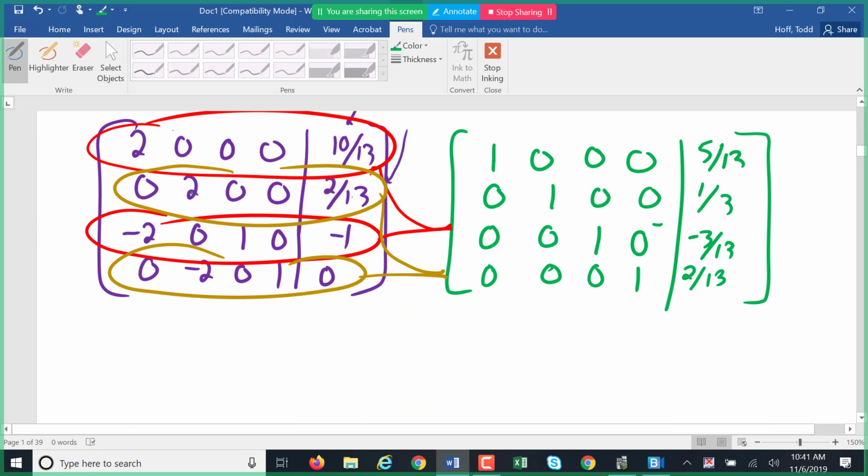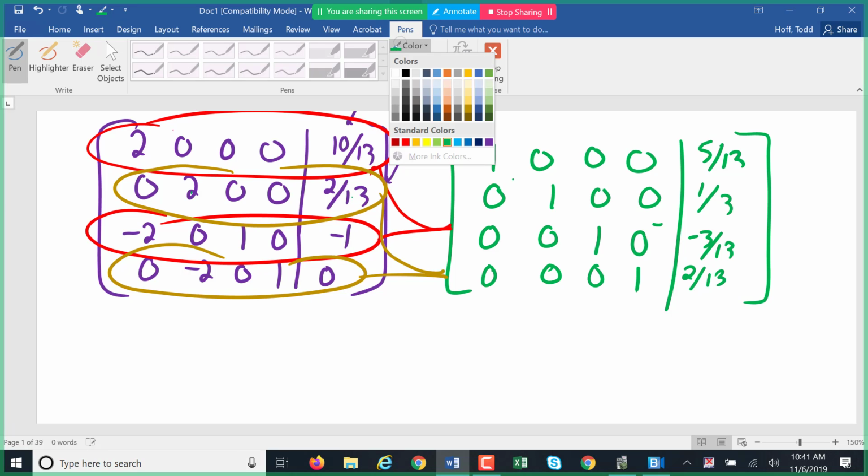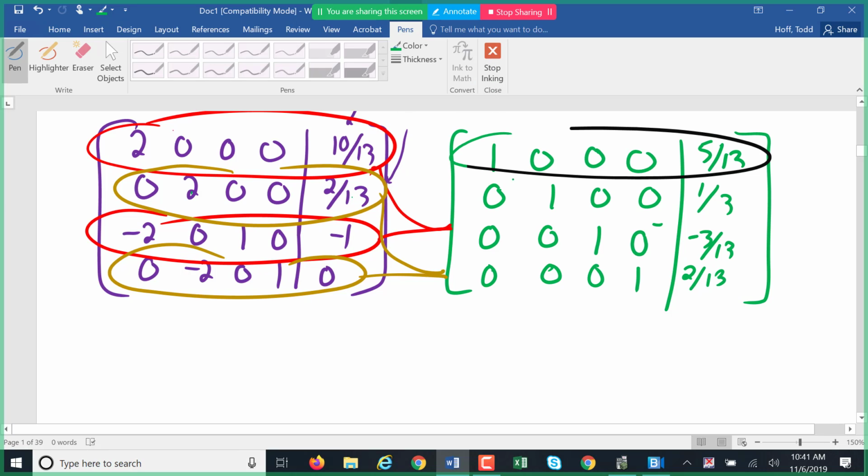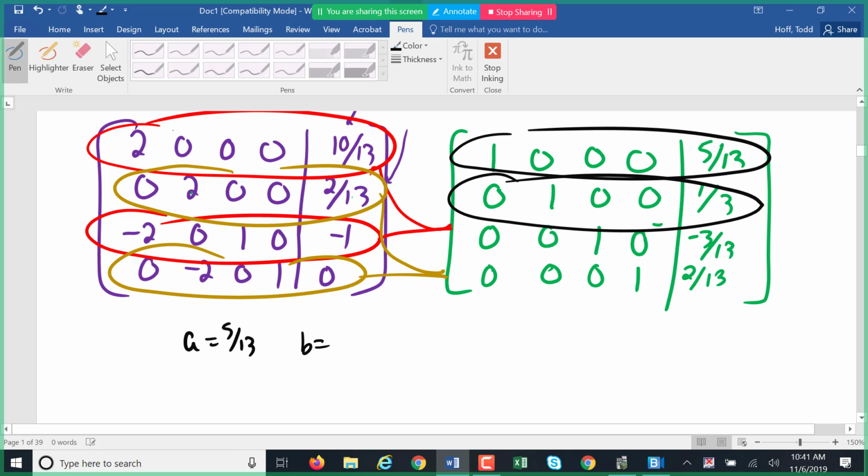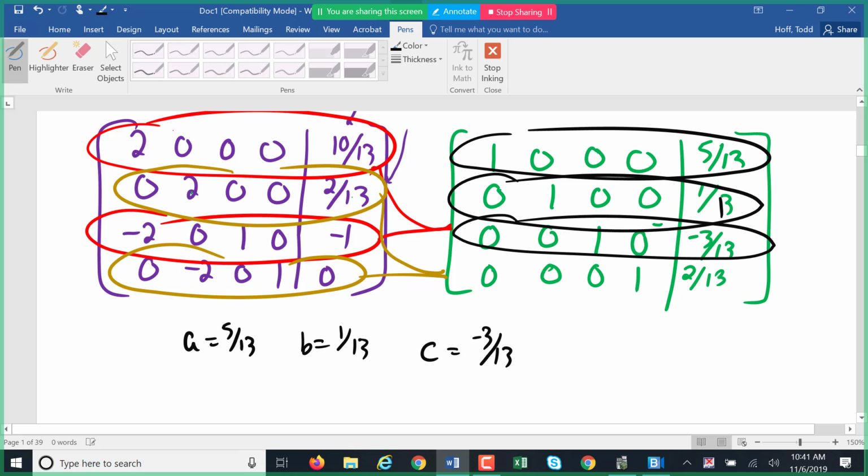So what this tells me, top row says A is 5/13. Second row says B is 1/13. Third row is telling me C is -3/13.